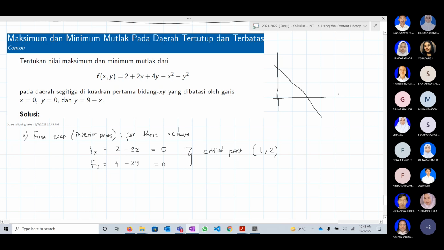We have this line is y equals 0, and this is x equals 0, and y equals 9 minus x, and the area is this shaded region, and (1, 2) is somewhere here, so it satisfies the condition.